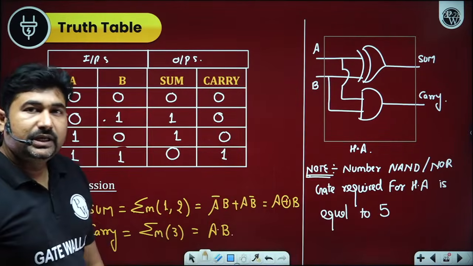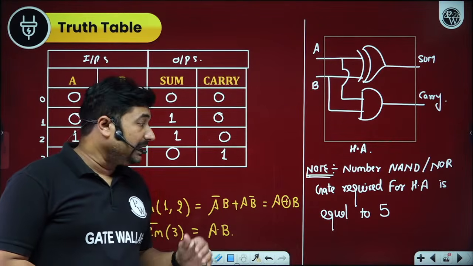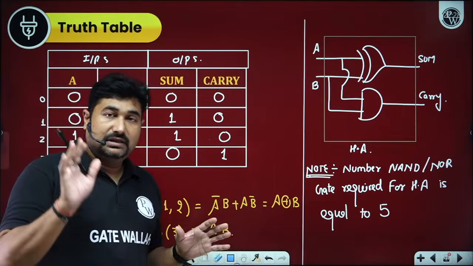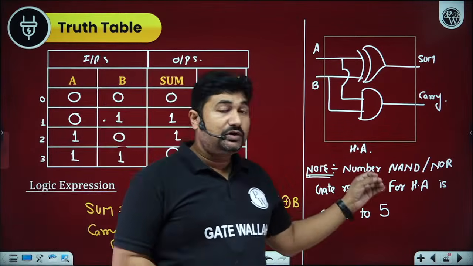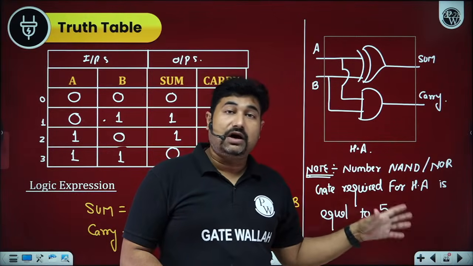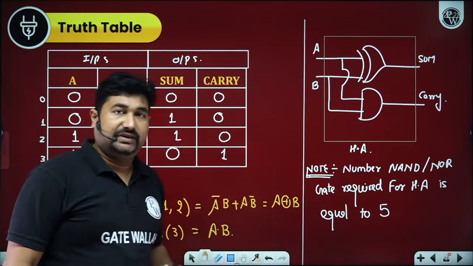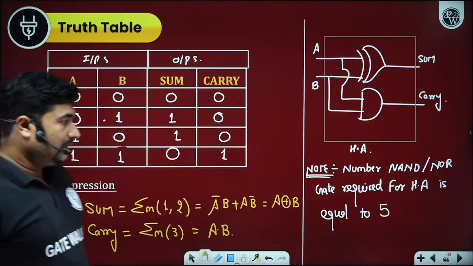If you want to design a half adder by using only NAND gates or by using only NOR gates, then the number of NAND or NOR gates required will be equal to 5. Is it okay? Great.